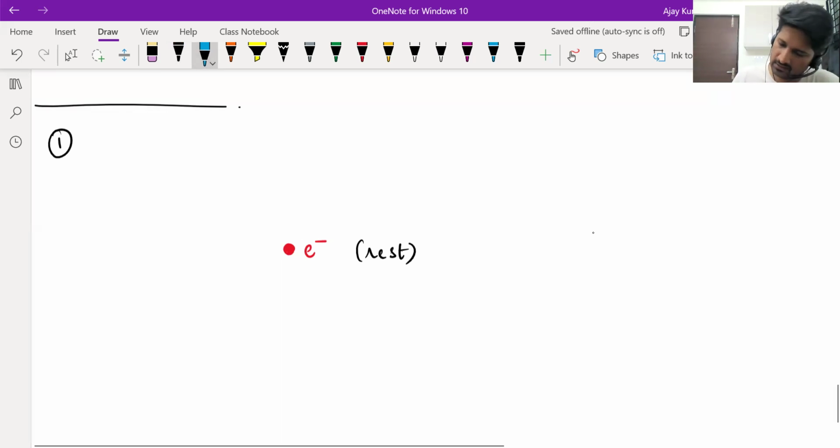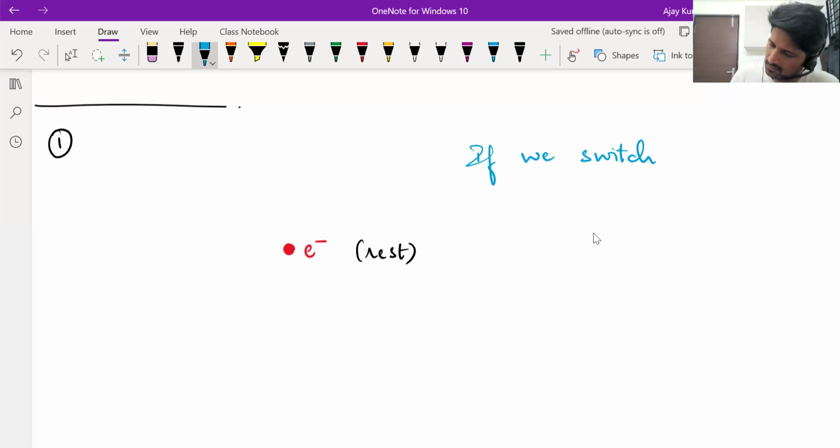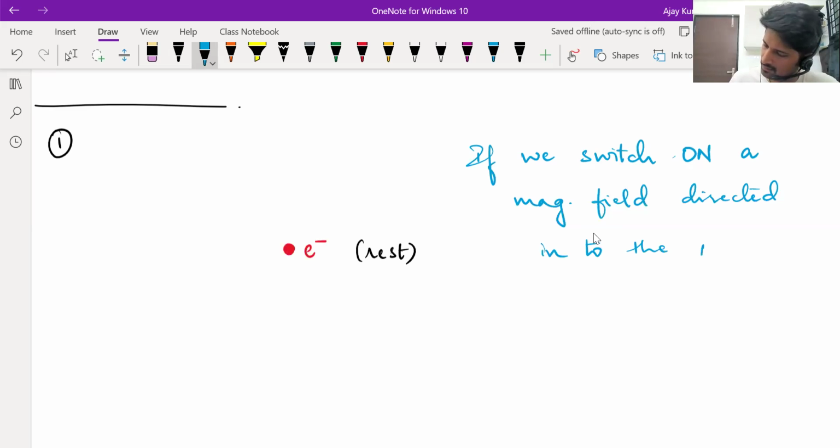Now, the question is, if we switch on a magnetic field directed into the plane of your screen, what happens to the electron?